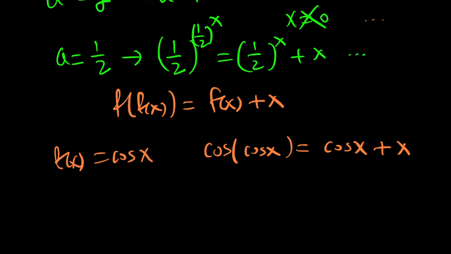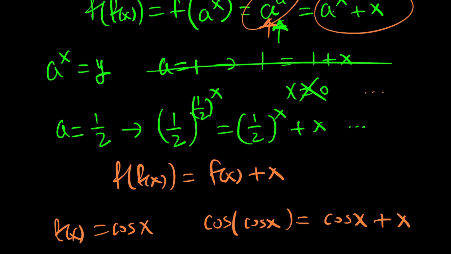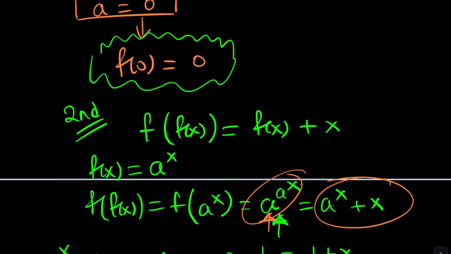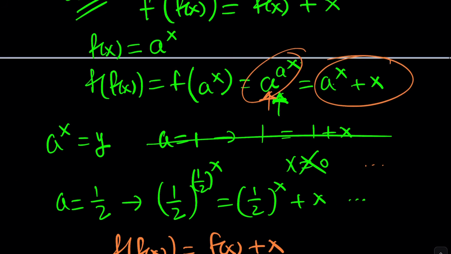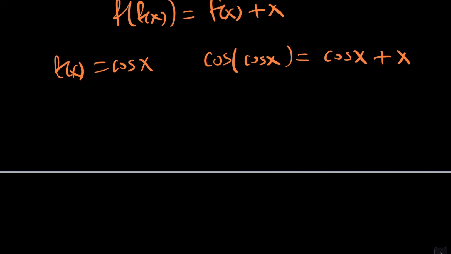Again, these are non-standard transcendental equations, so you would need numerical methods or graphing to solve them. Of course, you can also use inequalities to prove that there are no solutions, but that's beyond the scope of this channel. I'm just trying to show you that these are not good cases, and I'm guessing that won't be a good solution this way.